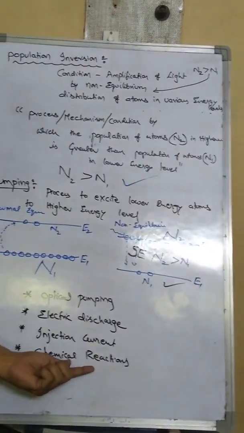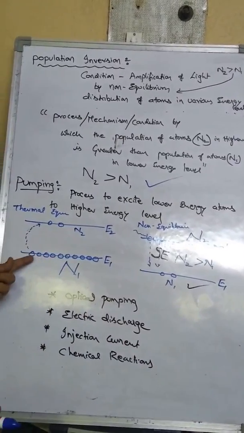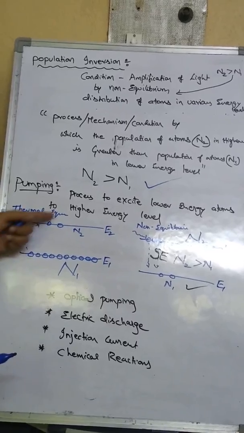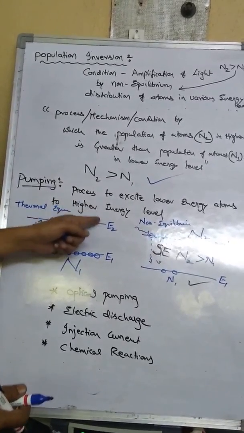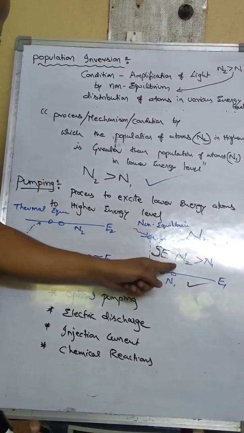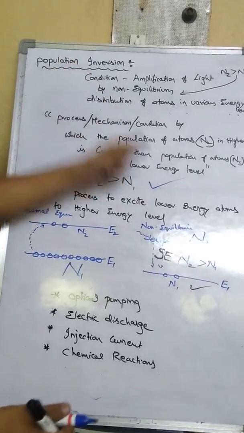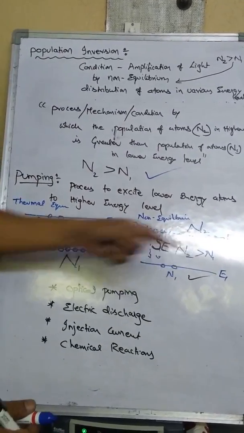The exothermic reaction liberates some energy, and due to that energy, the atoms will be raised to higher energy level. And when the population is increasing in the higher energy level, then N2 becomes greater than N1, and this is the condition of population inversion, which gives stimulated emission, and thus we will be getting laser.